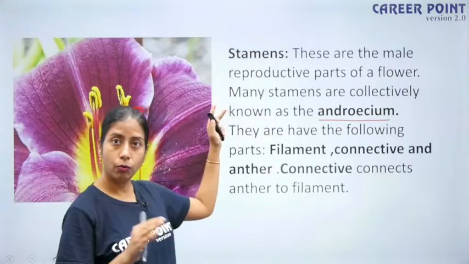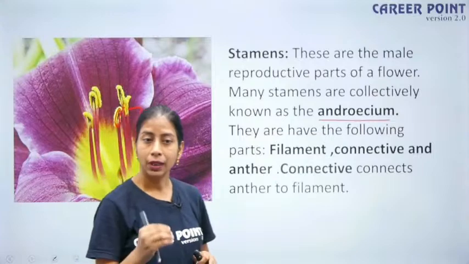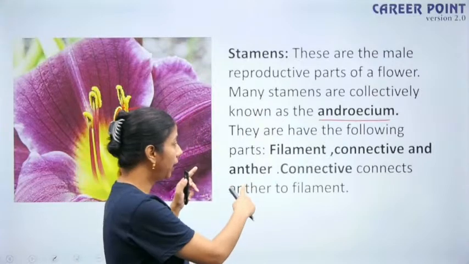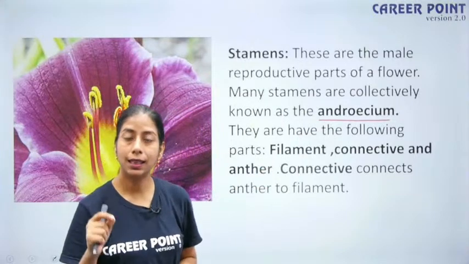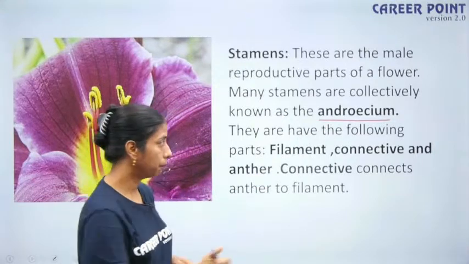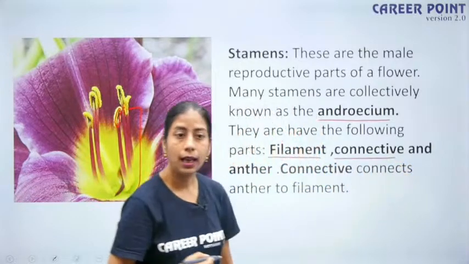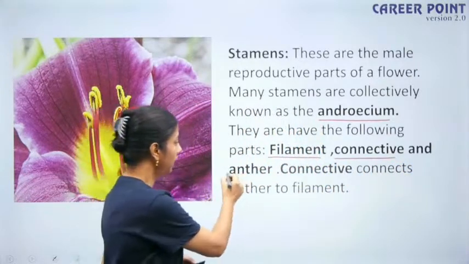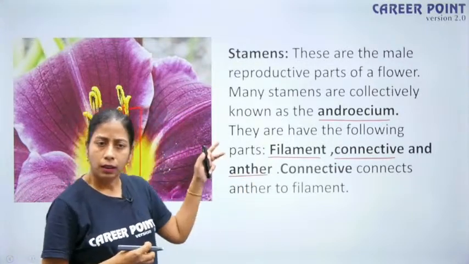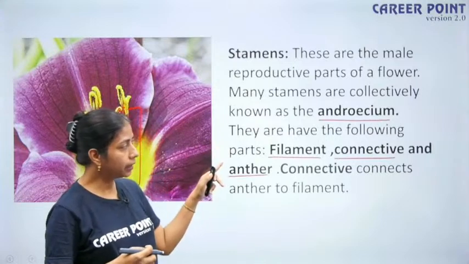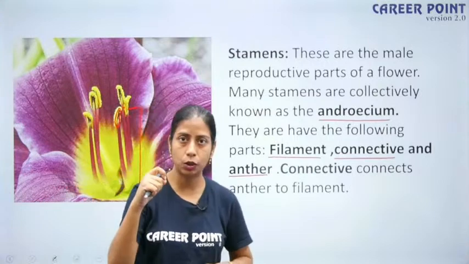So now once you have understood the stamen, I am coming to this portion where we see the parts of the stamen. Here the stamen has three parts. One is filament, another is connective, and the third is anther, right? We are going to study each part.